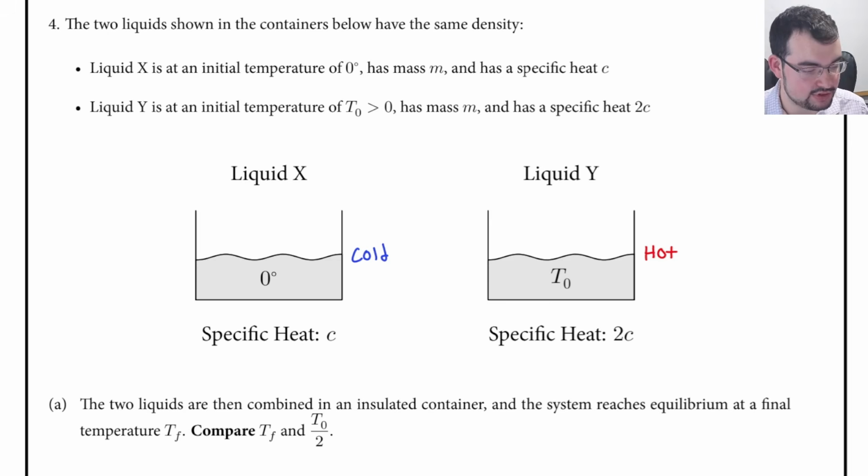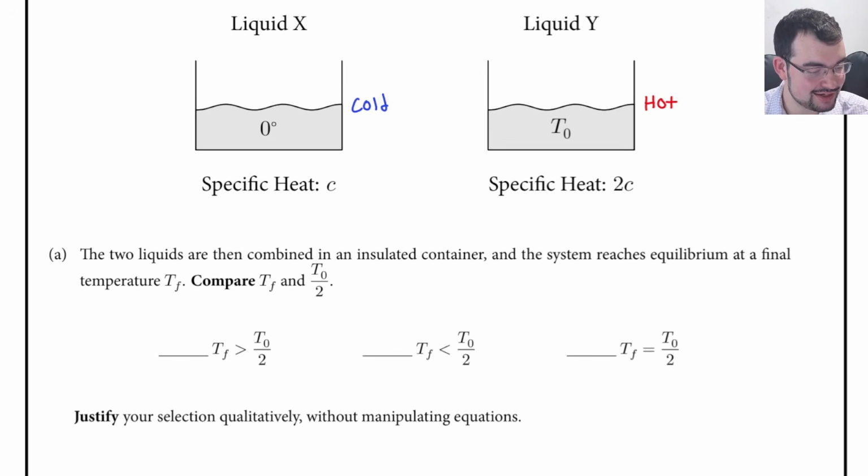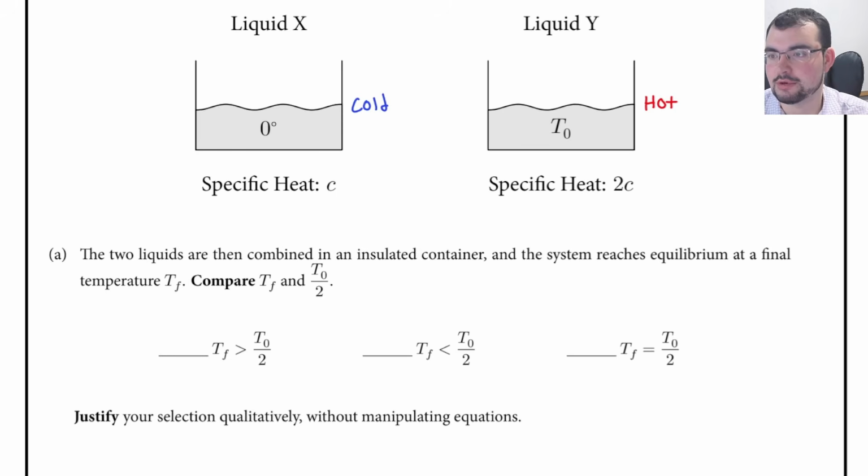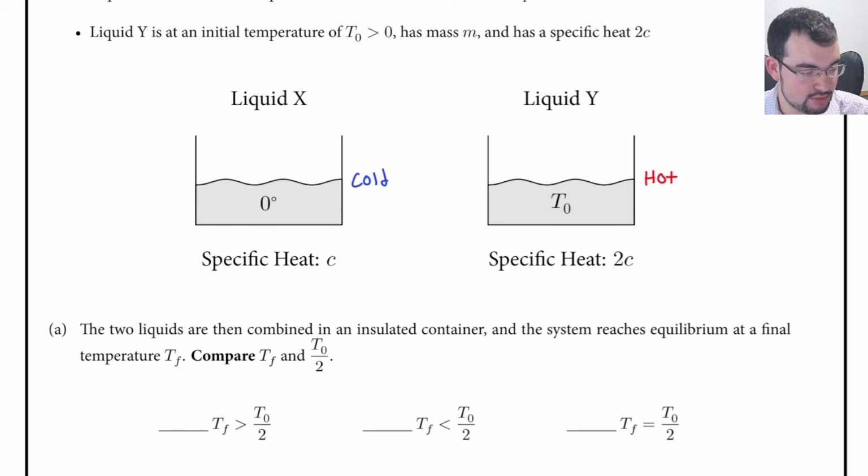The only difference is that the hot liquid is a material with twice the specific heat of the cold one. So we're going to mix these together in one container. It's an insulated container, so we know that any transfer is just going to be confined between the two. And we want to compare this equilibrium temperature to the midpoint of the two.